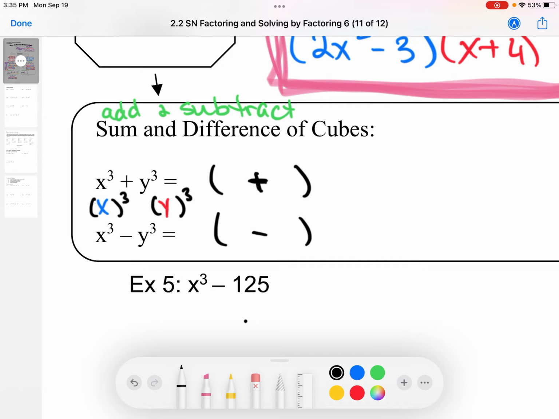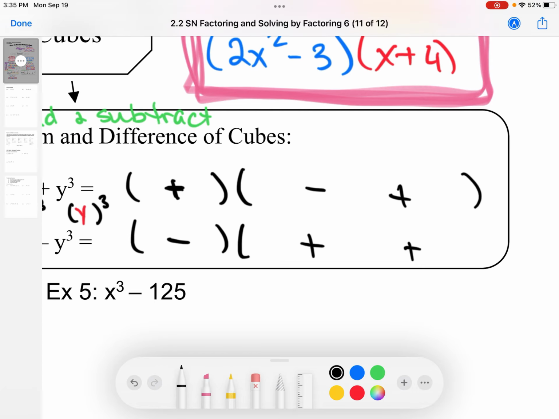The bottom row has x cubed minus y cubed, so that's going to be a subtraction. Then the second parentheses has 3 terms. The first of those signs is opposite from the original problem. And the very last sign is always positive.